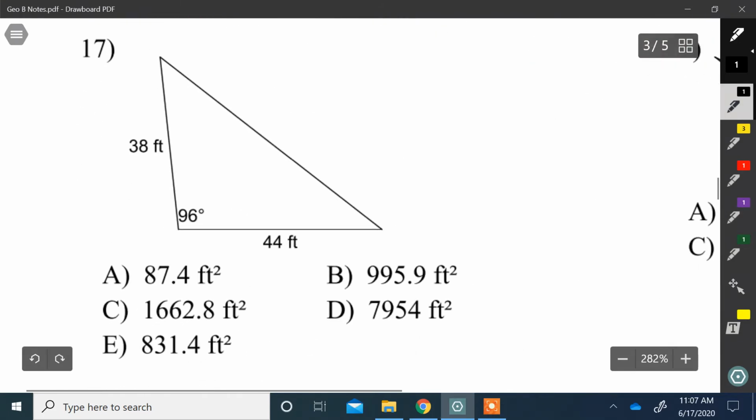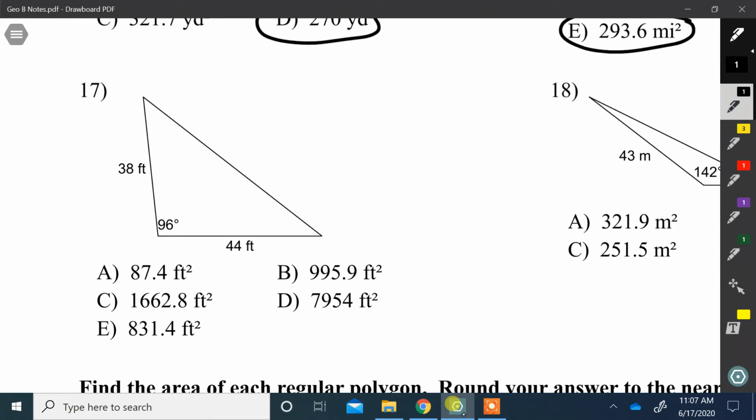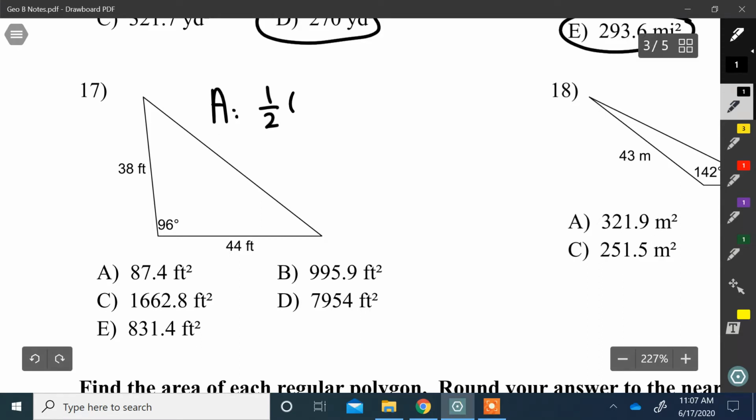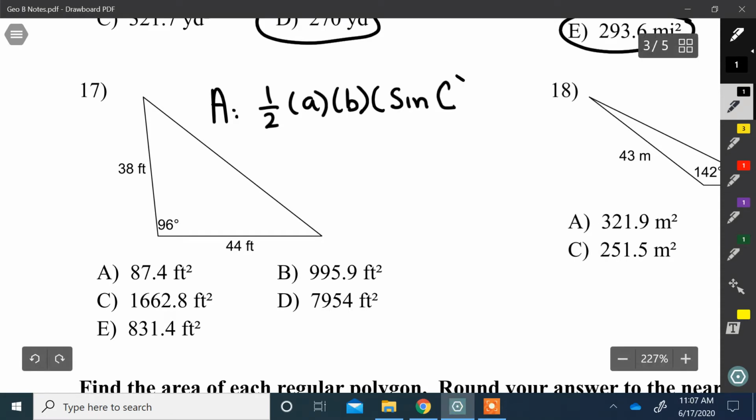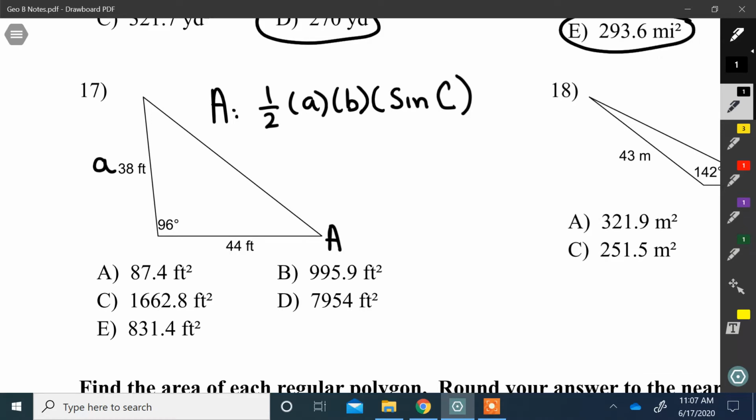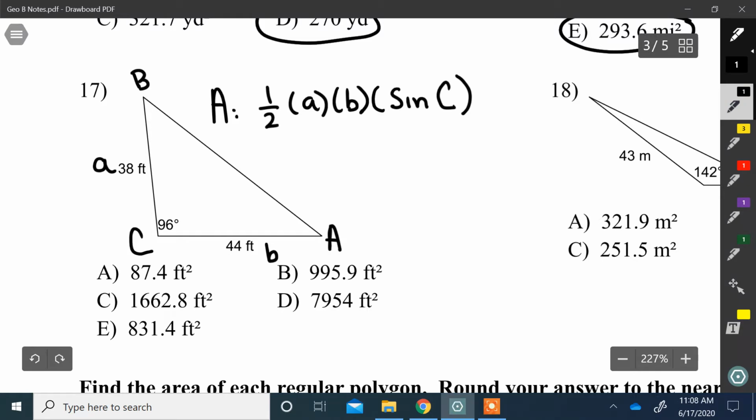So the area is half times A times B times sine of big C. So in this case, if this is A, then this is big A. If this is B, then this is big B. Then this right here will be C. Then this will be little c.